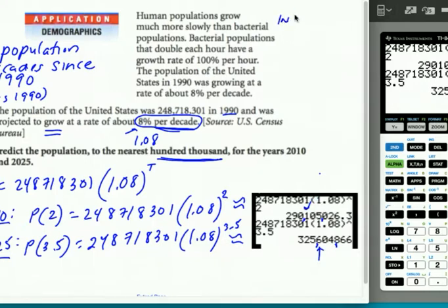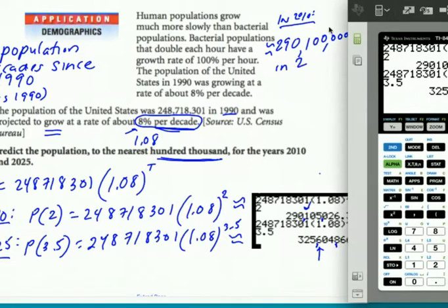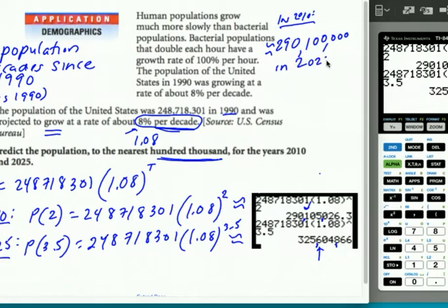So in 2010, we're looking at 290,100,000, right? And in 2025, we'd be looking at approximately, and we're going to just go ahead and say people, 325,600,000 people. Okay, and there you have it.